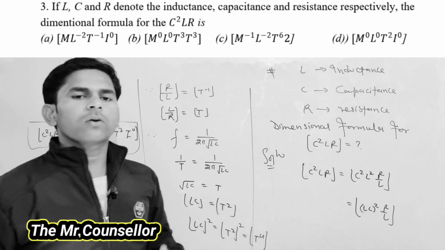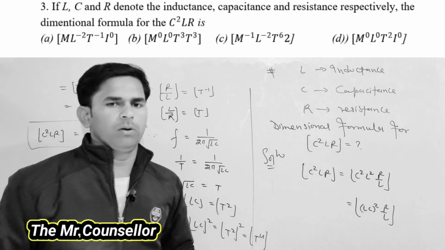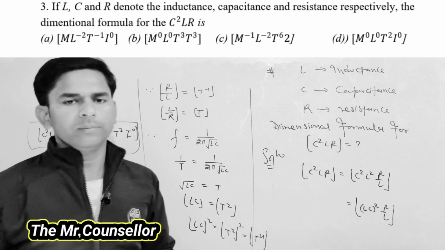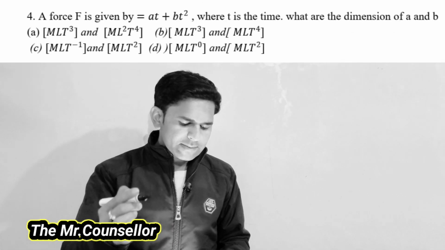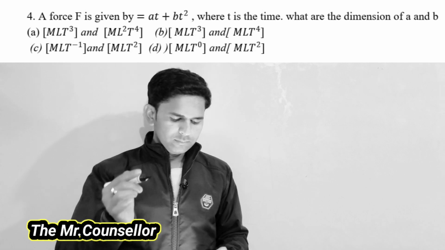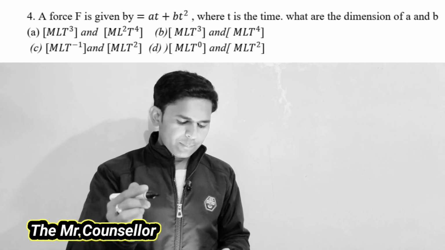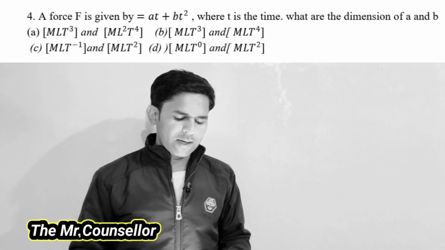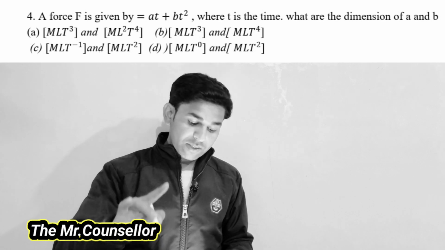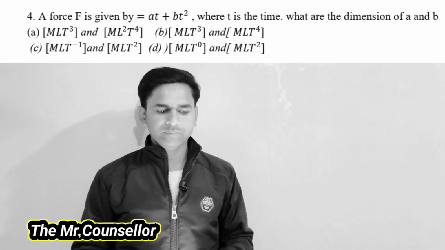Okay, now we are going to solve the next problem. You can see the next problem on the screen. A force capital F is given by F is equal to AT plus BT square, where small t is time. What are the dimensions of A and B?